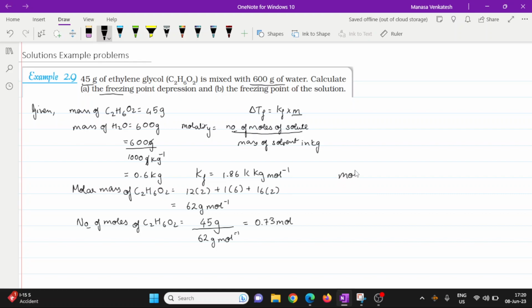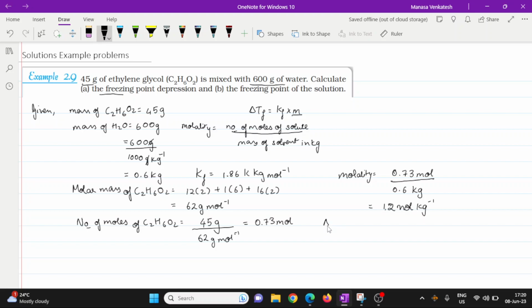So the molality of the solution is going to be equal to 0.73 moles divided by 0.6 kilograms, and that is equal to 1.2 moles per kilogram.